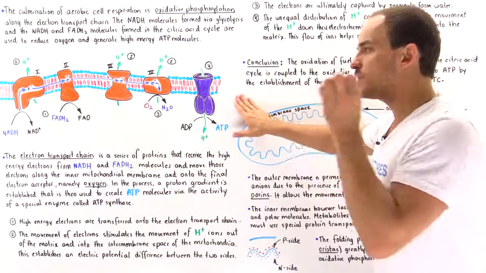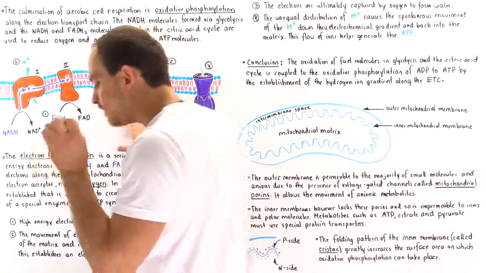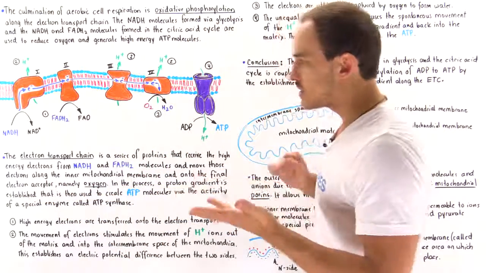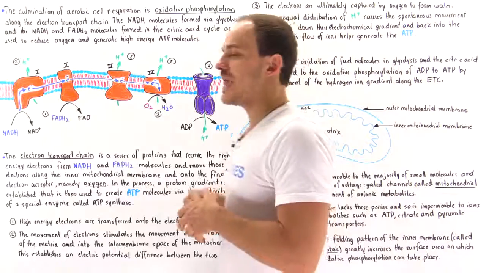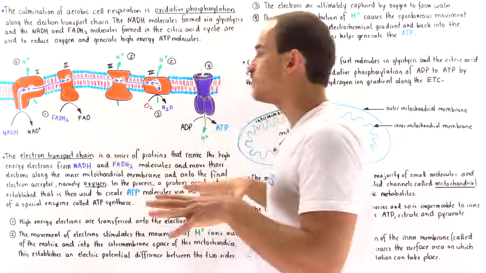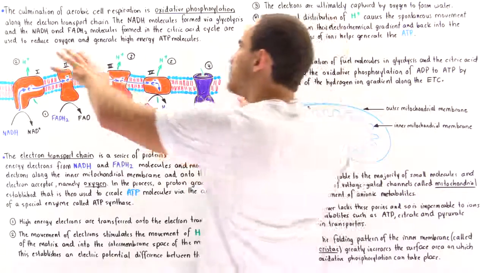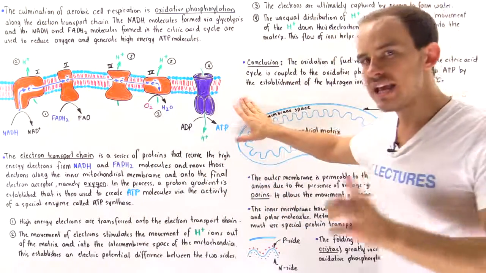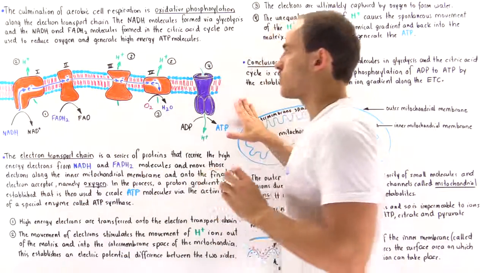So we ultimately use the NADH molecules and the FADH2 molecules produced in glycolysis and the citric acid cycle to generate those high energy ATP molecules, and this takes place in the electron transport chain. So the culmination of aerobic cell respiration is oxidative phosphorylation along the proteins of the electron transport chain.